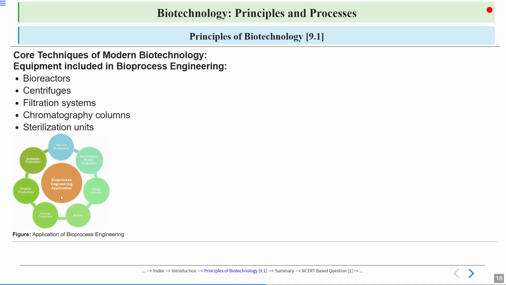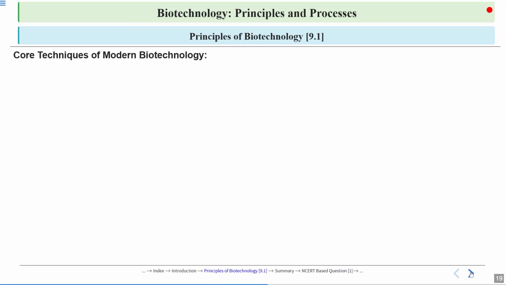These are the applications of bioprocess engineering, which says that we can use bioprocesses in vaccine production, recombinant protein production, food industry, biofuel, sewage treatment, enzyme production, antibiotic production, and many more. It again tells us about the applications.